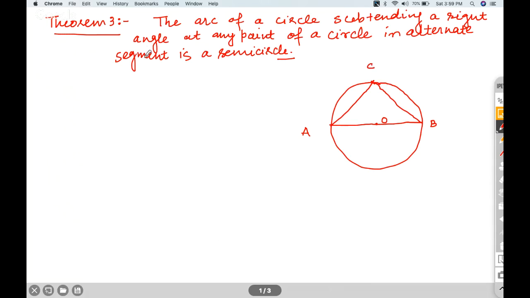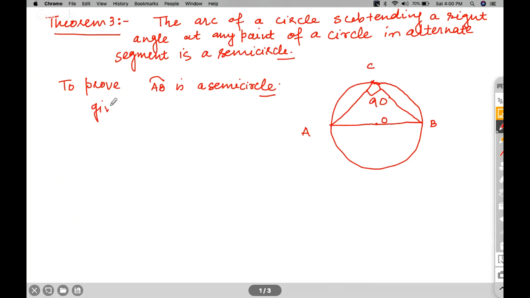So I have to prove that arc AB is a semicircle. And I know this angle is 90 degrees. Given is angle ACB is equal to 90 degrees.